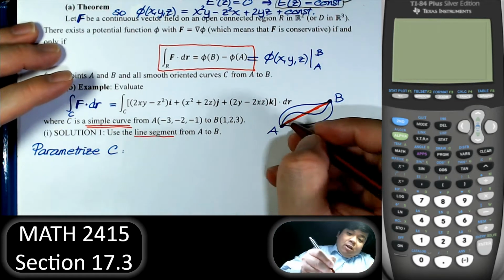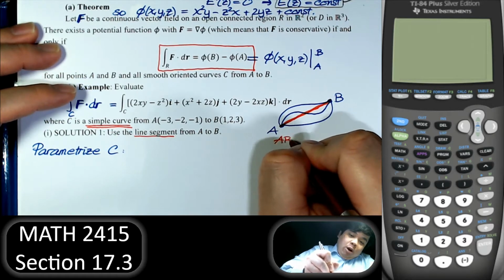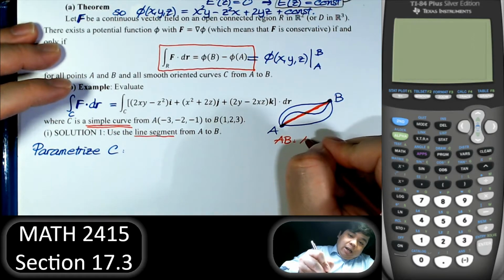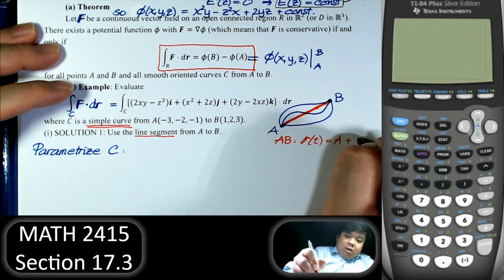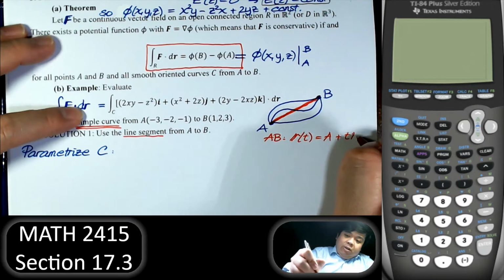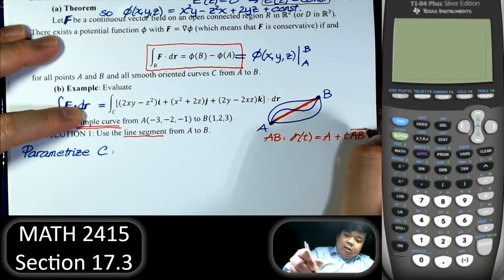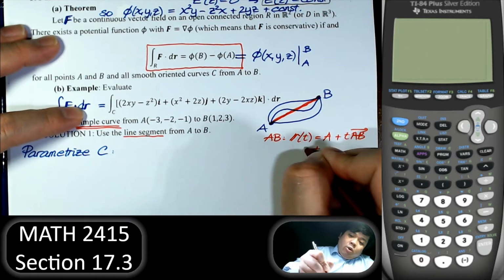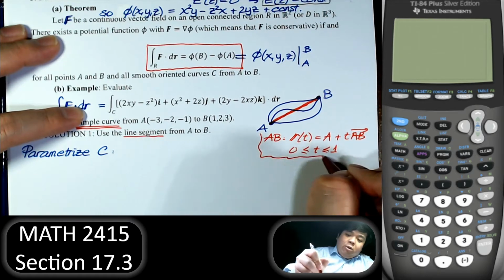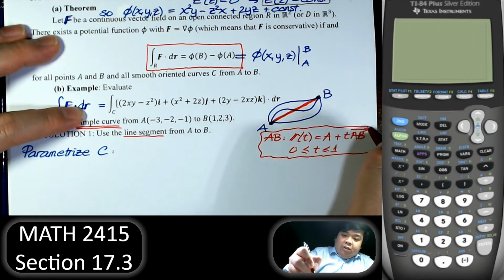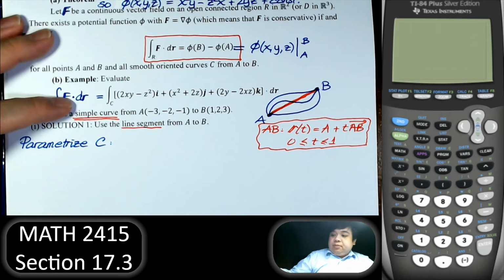So for line segment A to B, the parameterization is r of t equal to A plus t times the vector AB, when t is between 0 and 1. So that is the parameterization of a line segment.